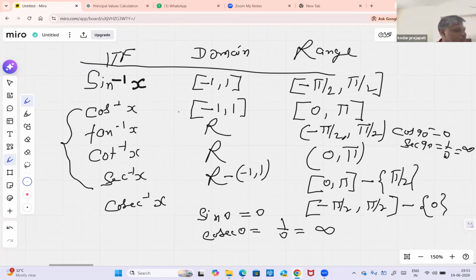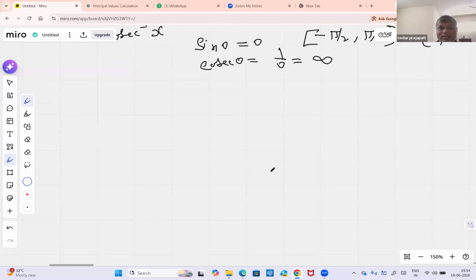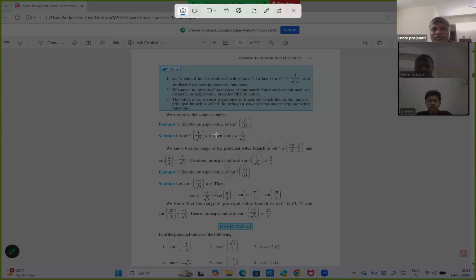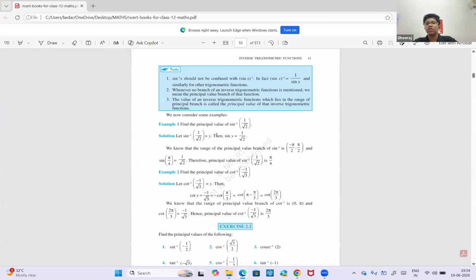All right. So the first question is we have to find the principal value of sine inverse half. Do you have the NCERT book? You have it.